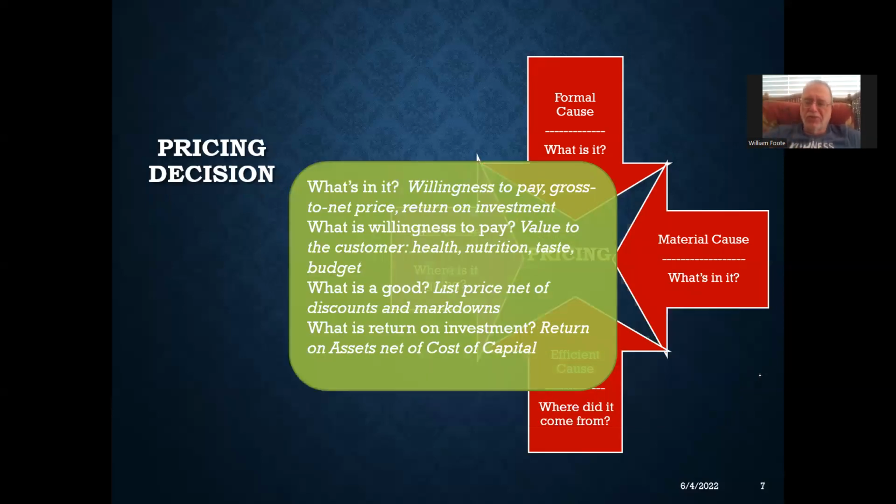A material cause, what's in a decision? What's a bagel? All right. In this case, very good vegan food. Reduces cholesterol inside of me, so I only get one of those every now and then. Willingness to pay, gross to net price.